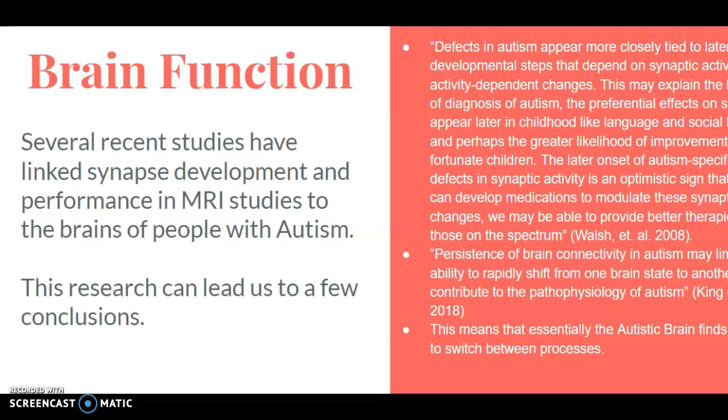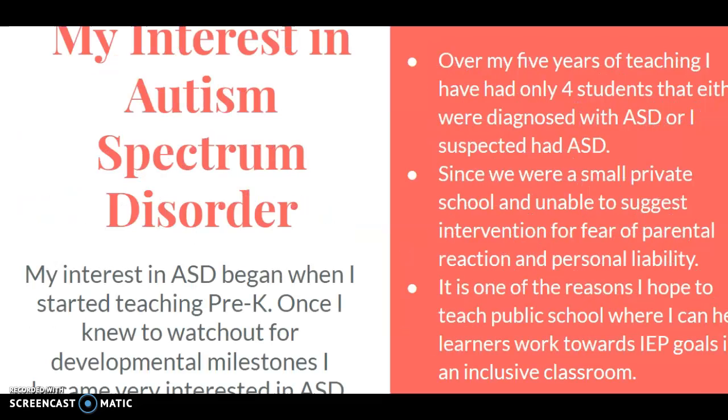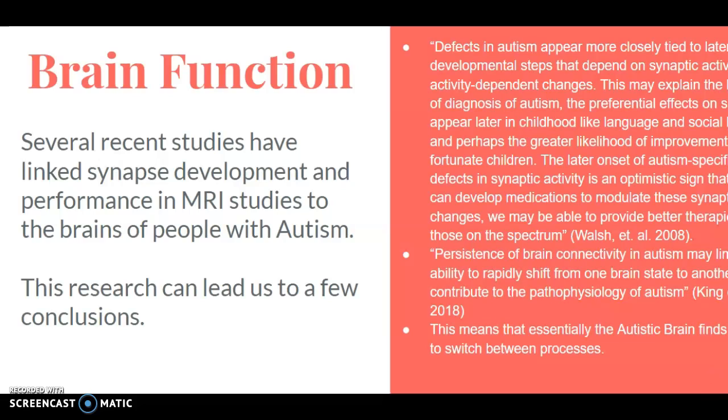The above quote also shows that the way that people with autism spectrum develop their synapses happens later on, when there are language and social development as well. So it could show us something about the way that brains develop with autism spectrum disorder.